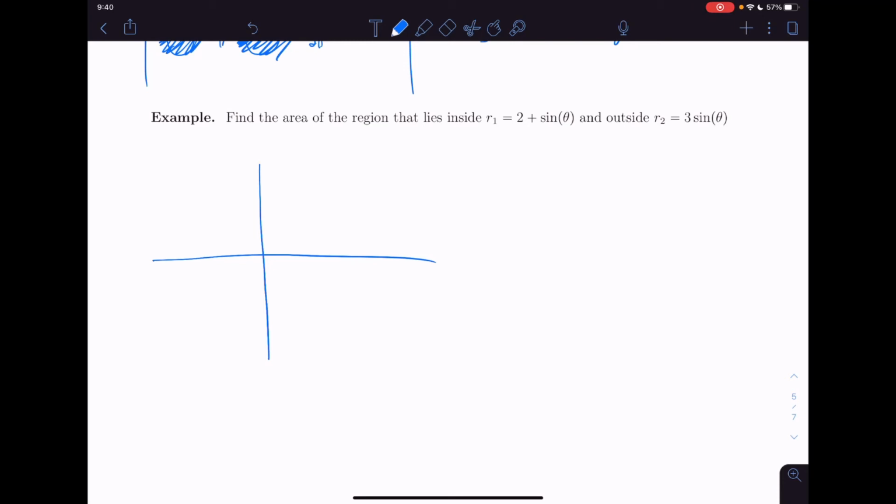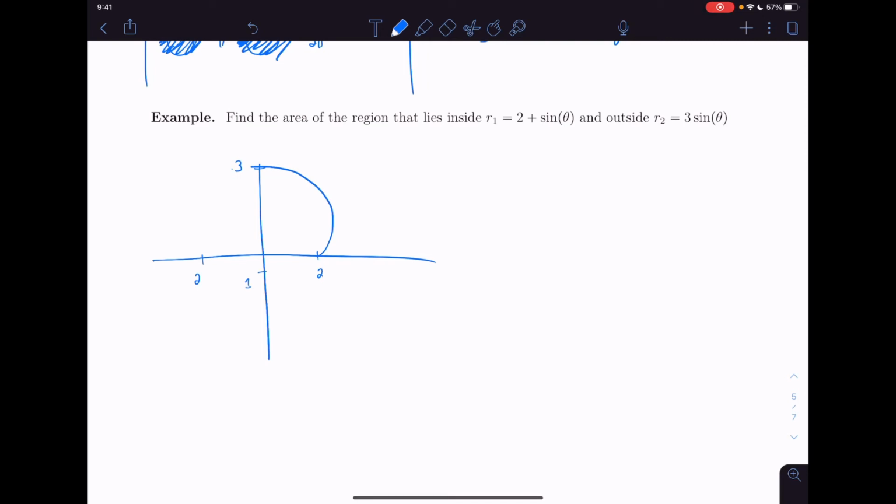So it's going to go all the way up to a 3 up here. It's going to come down to a 2, into a 1, and out to a 2. And so the dimple that we end up getting is something that looks like this.